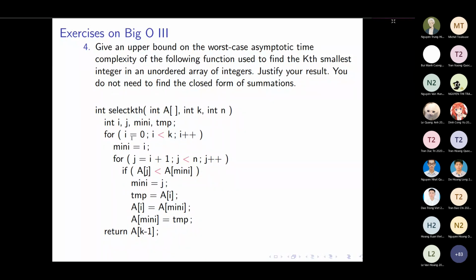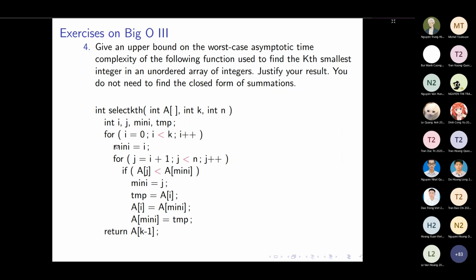You can count manually: when i equals 0, j runs from 1 to n minus 1, so that gives n minus 1 executions, and so on.